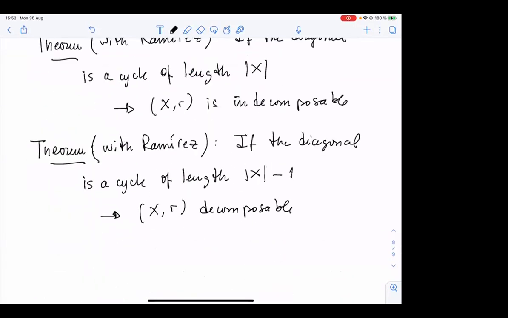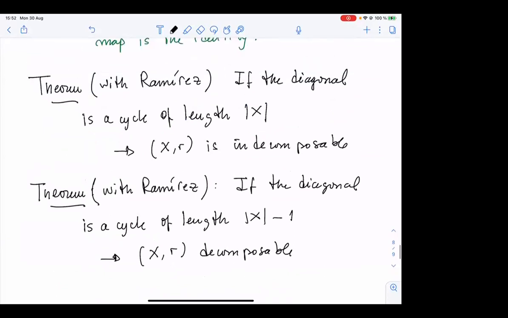And well, this means that, of course, the decomposability is somehow hidden in this diagonal, but it is not clear how to find some sort of characterization of the indecomposability in terms of the diagonal, but a lot of information is hidden there.